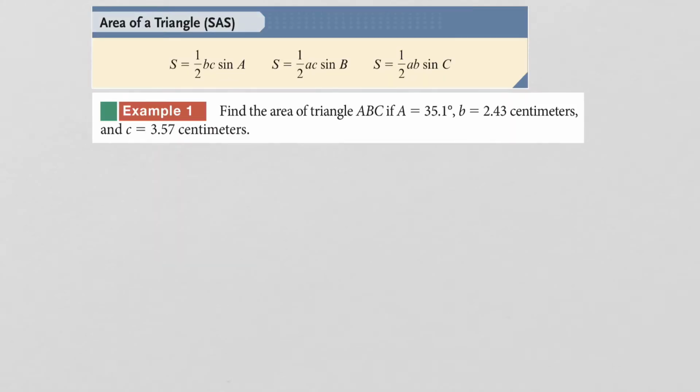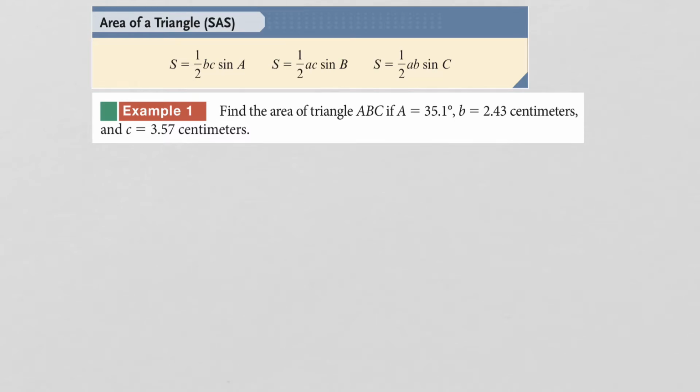So I have summarized those formulas up here. The way we find the area of a triangle if we know side, angle, side is by any one of these three formulas. And again, these formulas are all essentially the same, okay?